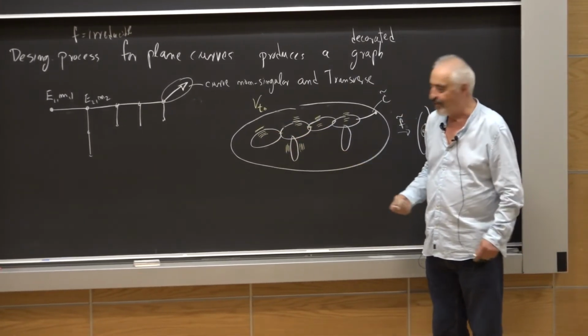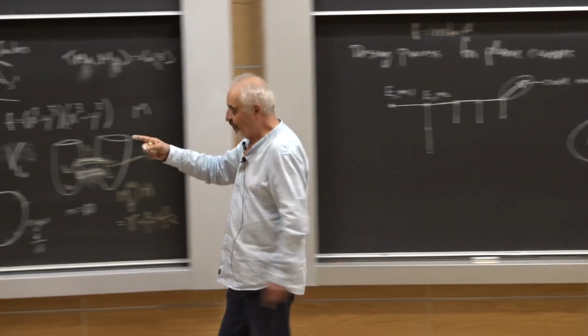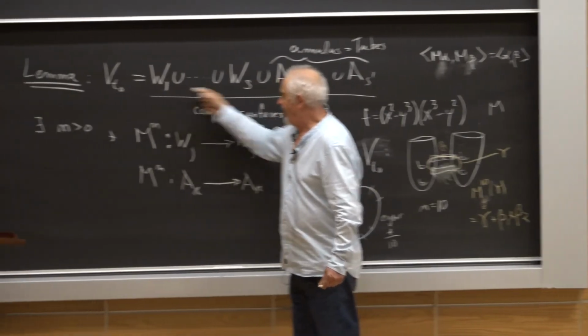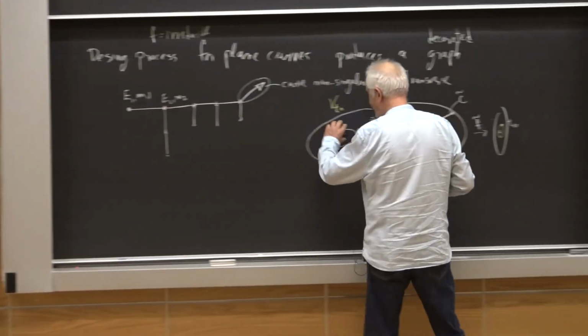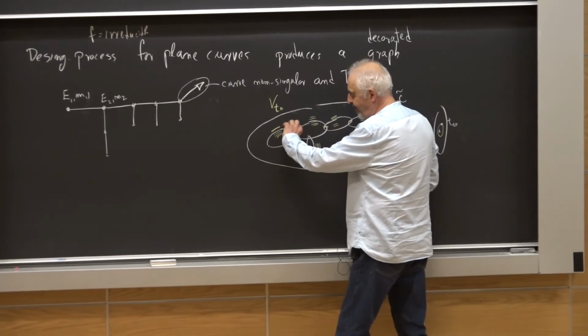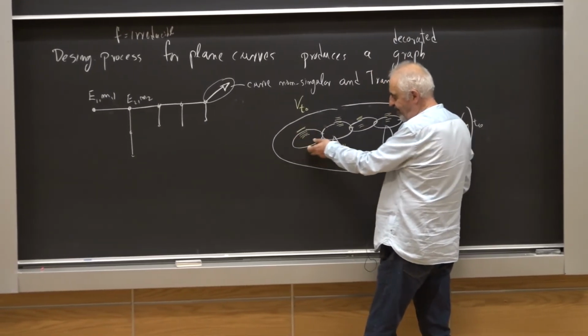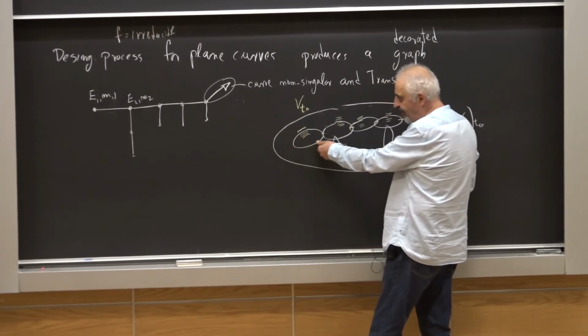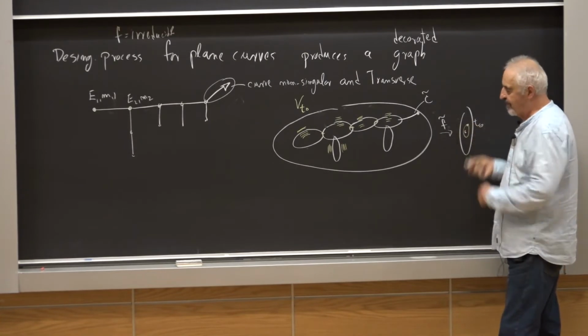And so that's where I get this. Those are obtained by taking a tubular neighborhood of the exceptional divisor and intersecting it with f minus 1 of T0.